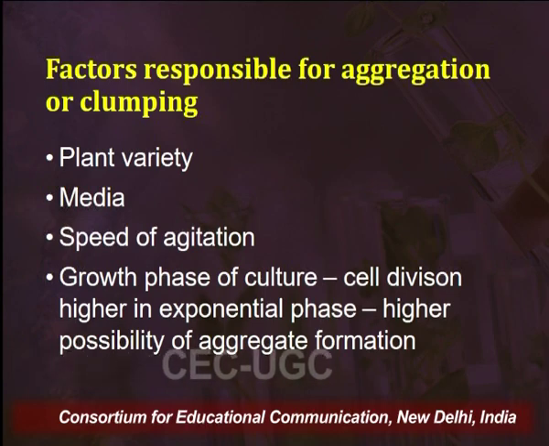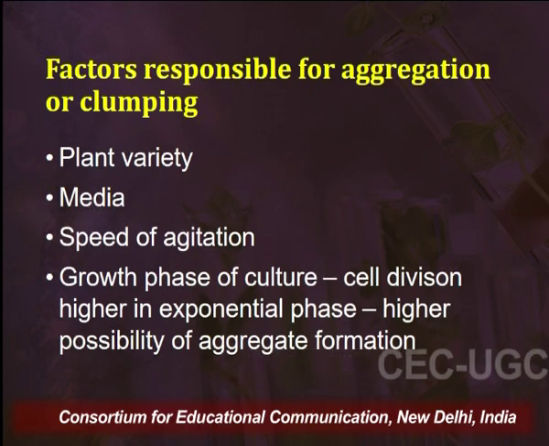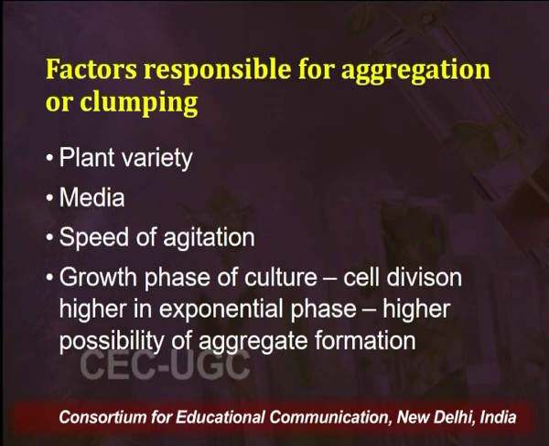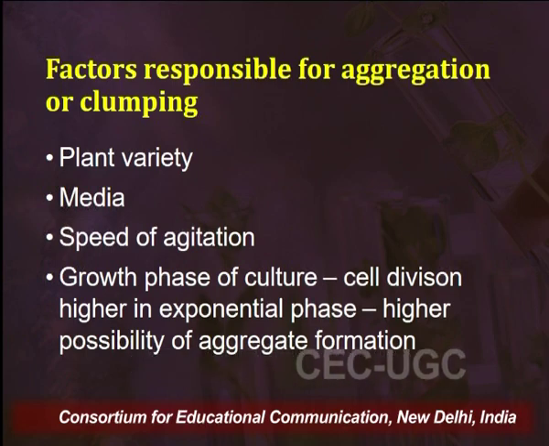It has been seen that there are certain plants whose cells have a natural tendency of getting into aggregates, such as Nicotiana tabacum, whereas there are certain plants like Morinda citrifolia whose cells have a natural tendency to remain separate from each other, and the tendency of forming aggregates is far less in comparison to Nicotiana tabacum.